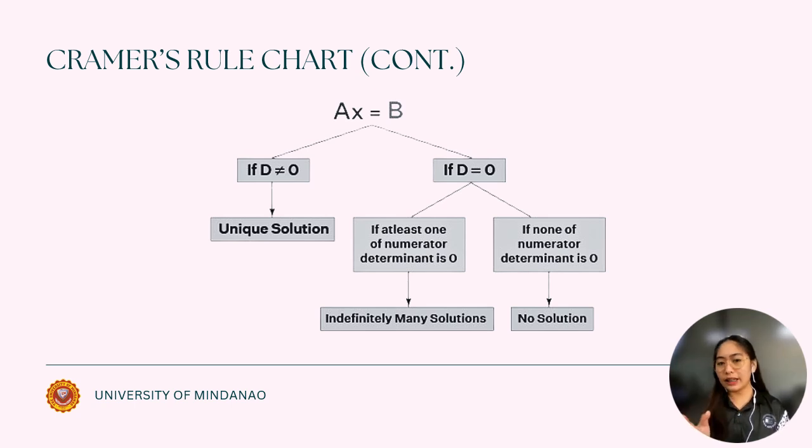So basically, the rule chart of Cramer's rule here is shown wherein AX is equal to B, and if D is not equal to 0, it has a unique solution. If D is equal to 0, there are two possibilities: no solution and infinitely many solutions.